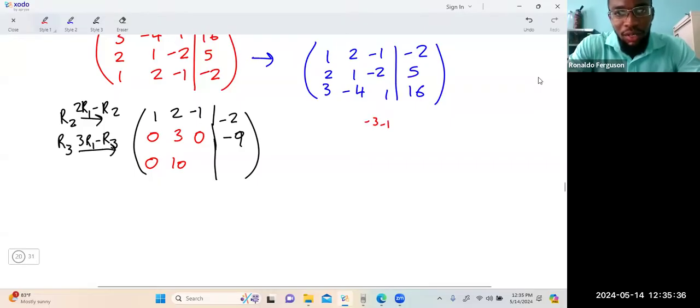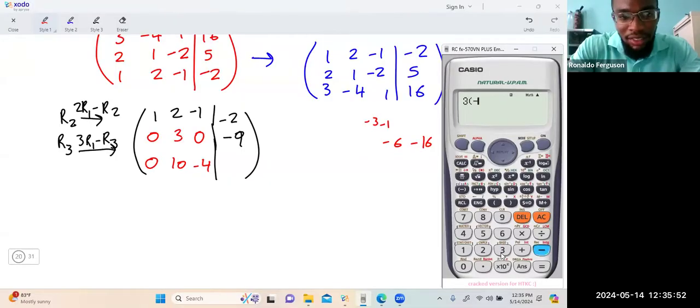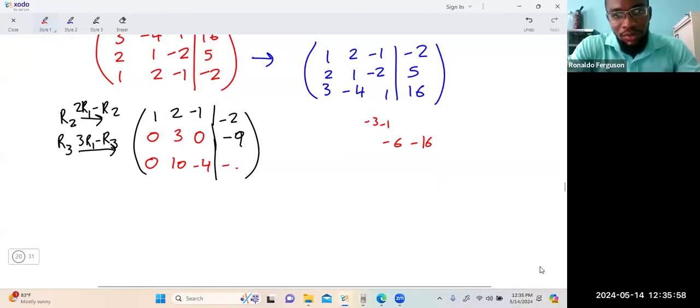Then you subtract 1, that's negative 4. And then 3 times minus 2 would be minus 6. And then you subtract 16. Let me just make sure I do that right. 3 times row 1 minus 16. Yeah, minus 22.